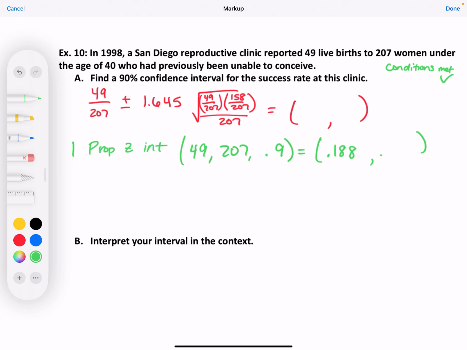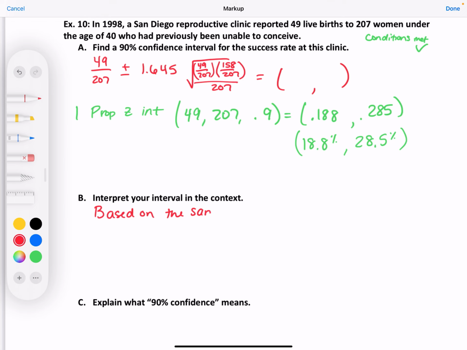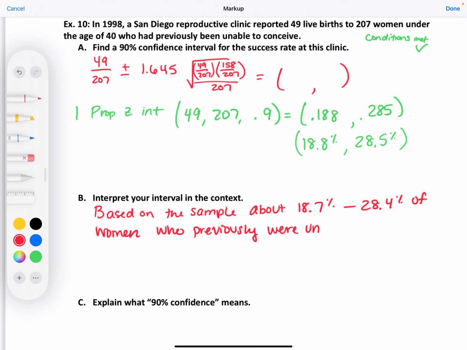Based on the sample, about 18.8% to 28.5% of women who previously were unable to conceive now are able to.